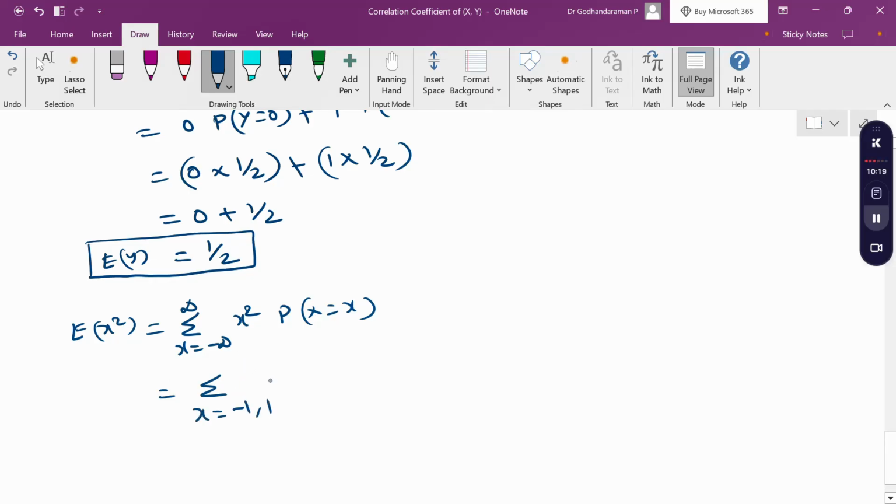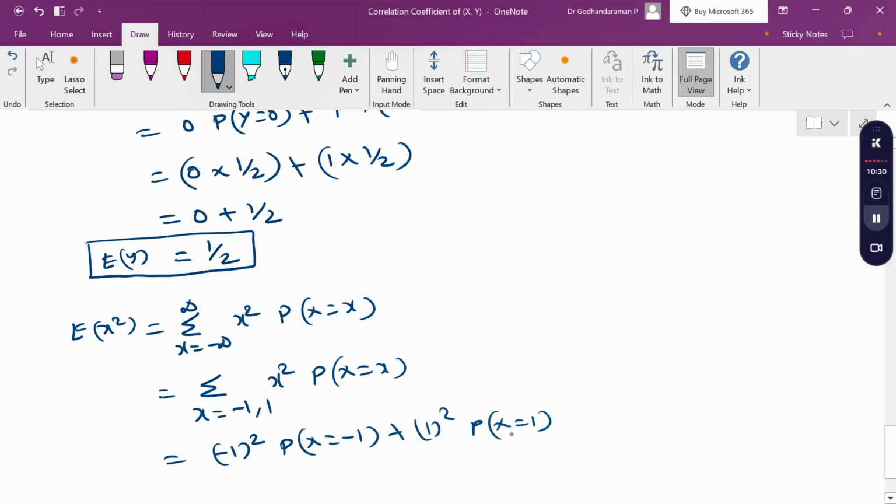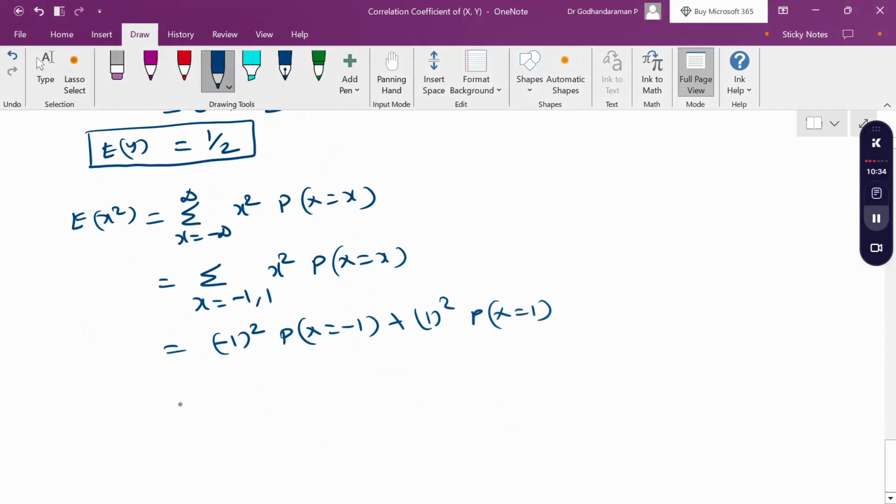So when I substitute x equal to minus 1, minus 1 square is 1, and x equal to plus 1, 1 square is 1. When I substituted x equal to minus 1, the probability is 3 by 8. So minus 1 square into 3 by 8 plus 1 square into 5 by 8. Therefore 3 by 8 plus 5 by 8.